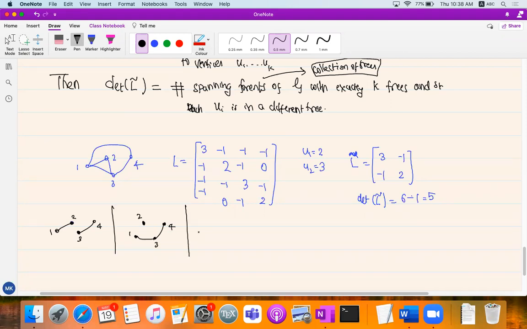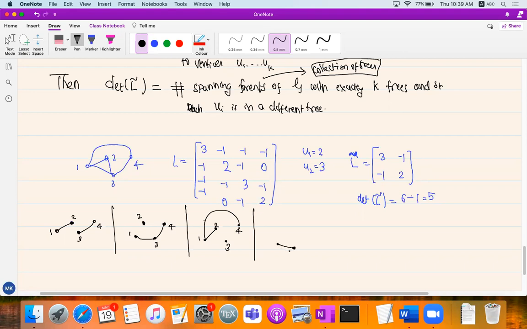Any other forest you can think of? 3 alone. Okay, if 3 is alone, then 2 has to be connected to 1 and 1 has to be connected to 4. This is a possibility.